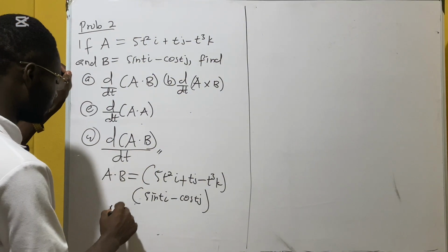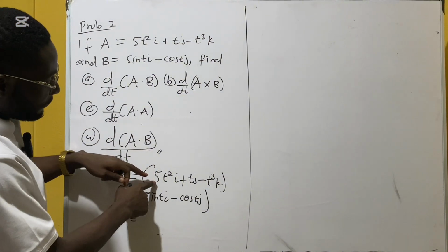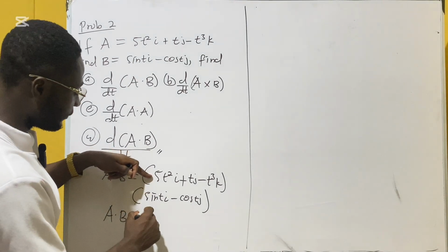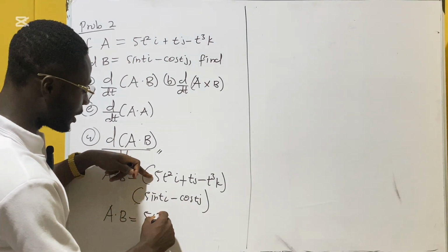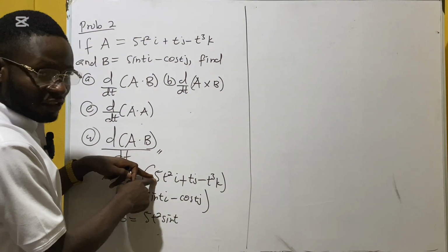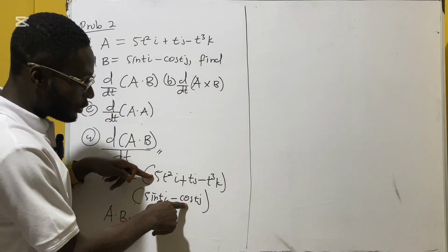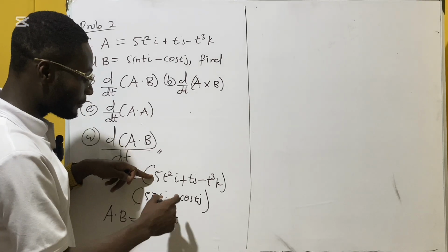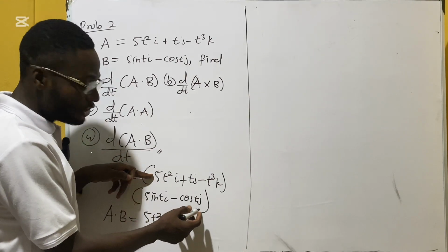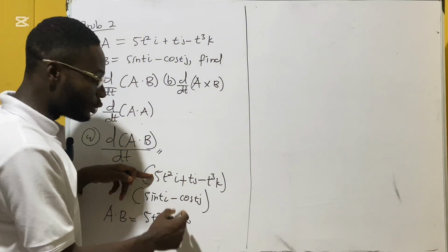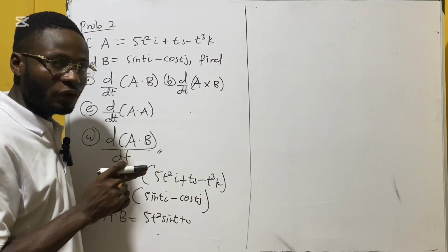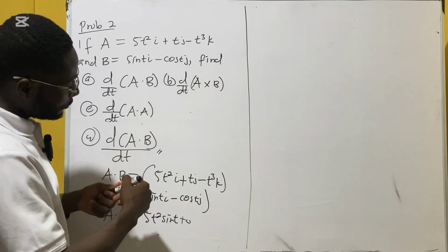When you take the dot of this, you're going to have 5t squared i times sine t i, which is 5t squared sine t. 5t squared i times negative cos t j becomes 0. Two perpendicular unit vectors, when you find the dot, you get 0.